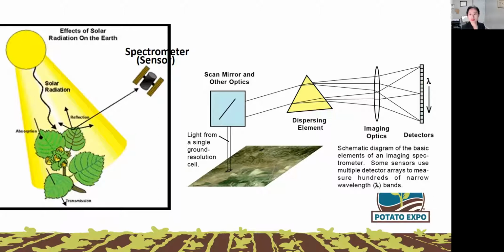And so that's why we can see a lot of different pixels on the remote sensing images. Because the nutrient level or disease level or abiotic stresses can all influence the health of the plant canopy, we can use the reflectance from the spectrometer to predict the plant nutrient level or other plant health status.